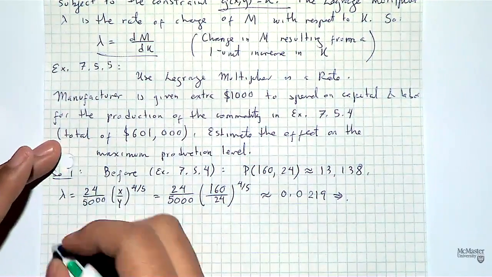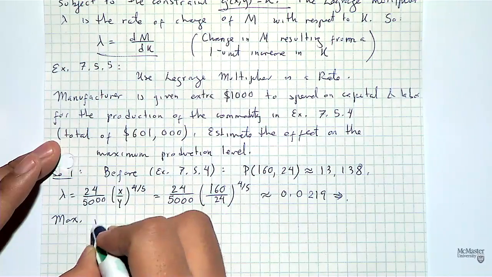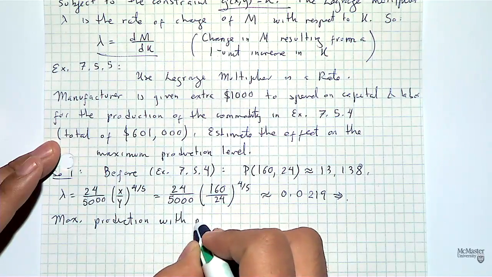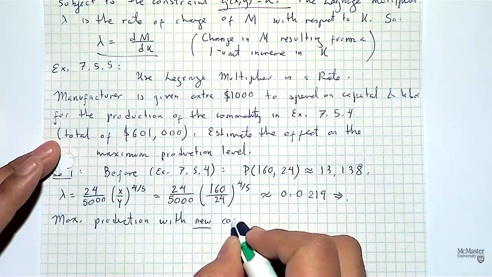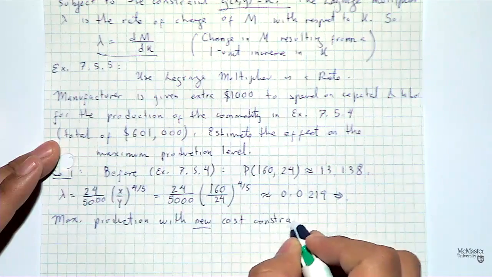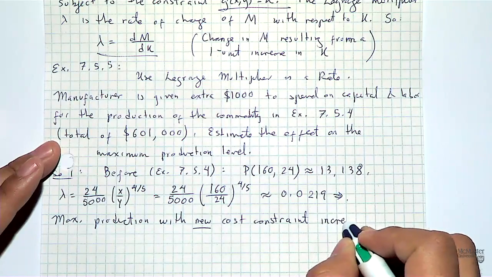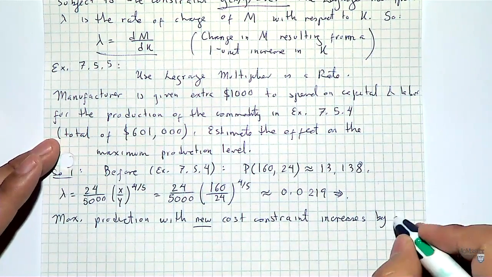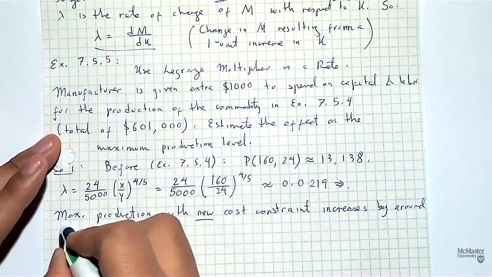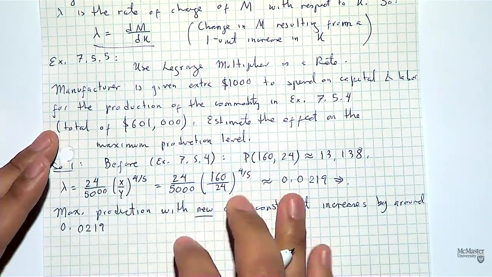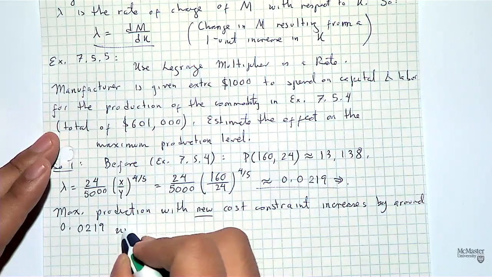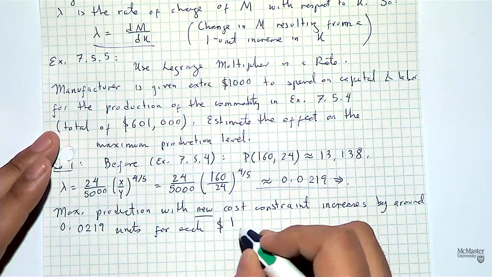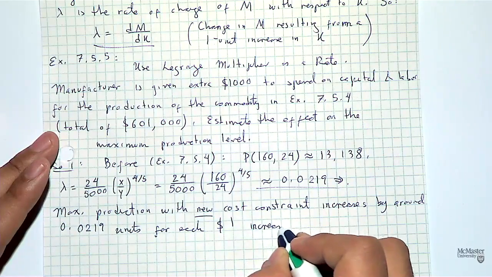So, the maximum production with the new cost constraint would increase by, let's say, approximately 0.0219 units. This is an approximate result for each dollar that you increase in the constraint.